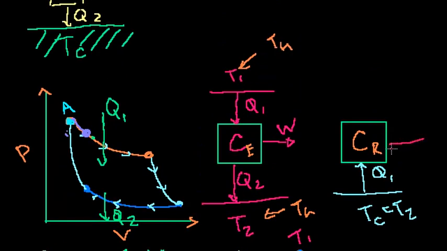Some work has to be input into this system in order to do this, and then you can use a combination of this work and this heat taken from the cold body, and it gives it to the warm body. Sorry, this is Q2, and it gives Q1. So everything just happens completely in reverse. And that's just a byproduct of this being reversible. This is the way we went before when we were an engine. If we want to be a refrigerator, we go the other direction, and everything just gets reversed.